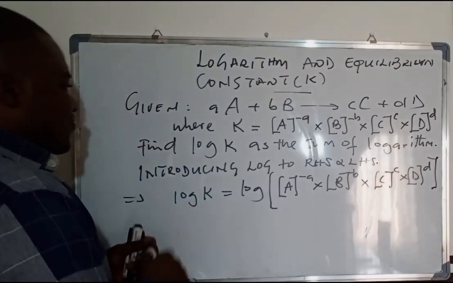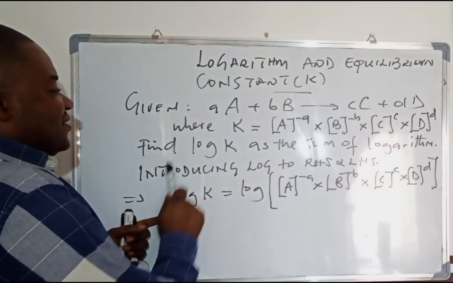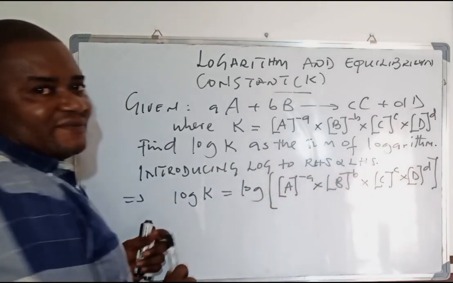That means we introduce logarithm at both sides, since we are asked to find the logarithm of the equilibrium constant as a sum of logarithms.